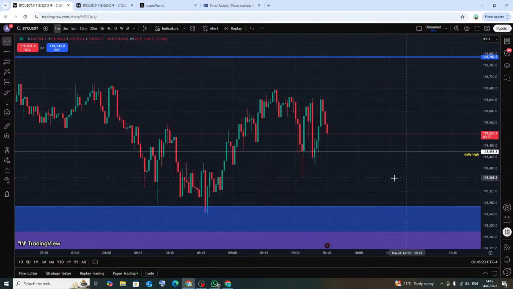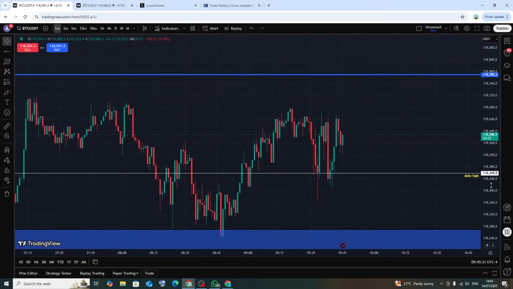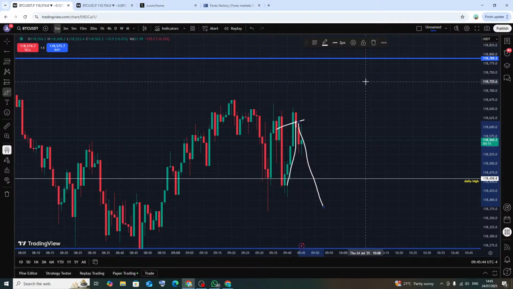So look at this again. It tried to go toward the upper side, failed to go toward the upper side, and is going down. The past me, what I used to do, when it is going up now, you buy in here, enter the market early. It is not going up, it's going down. Why?